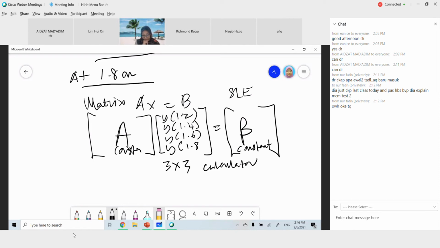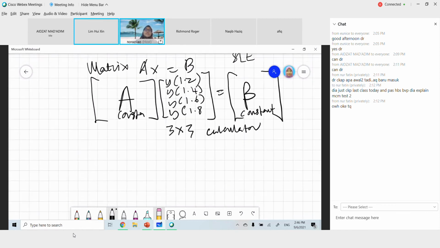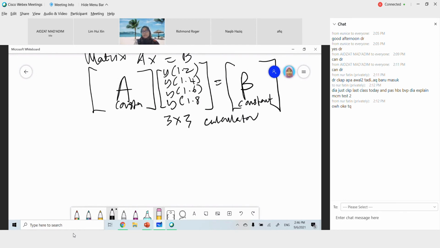Gauss-Seidel. Okay, you can choose Gauss-Seidel or Jacobi. Yes, that one is more easy compared to use Gauss elimination, or Gauss-Jordan. Lebih panjang. So ini part by part, okay, 4 by 4, so you need to use Gauss-Seidel atau Jacobi.